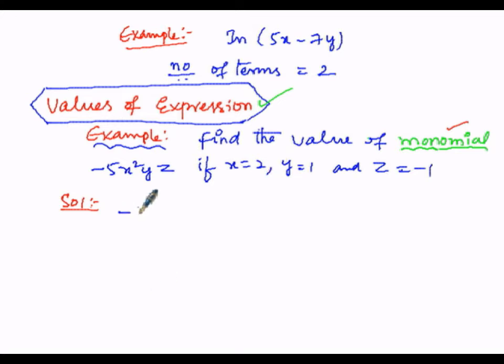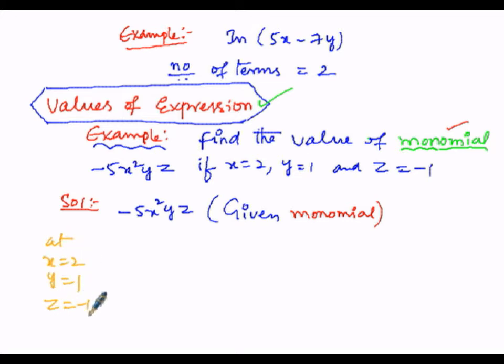So the given monomial is minus 5x square yz at x equals 2, y equals 1 and z equals minus 1.